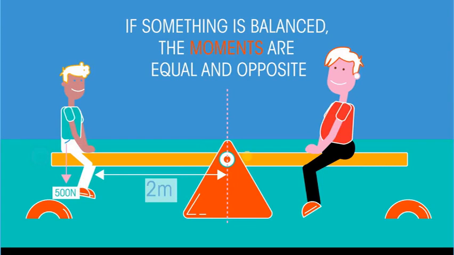So if this distance was increased and becomes 4 meters, the size of this moment will also increase, right? Even though the weight of the boy remains the same, if his distance from the pivot increases, his moment is also going to increase. Let's say it becomes 4 meters. That will become 4 times 500, which would be equal to 2,000 newton meters.